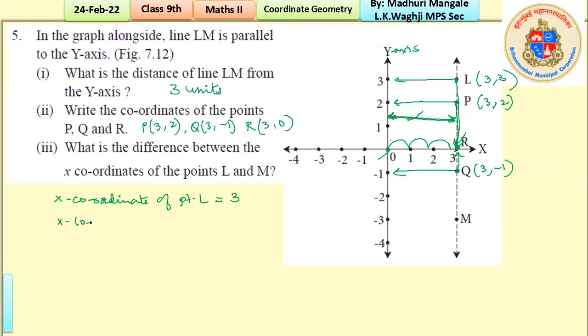Likewise, what is the x coordinate of the point M? Here it's 3 and y is negative 3. So for both of them, the x coordinate is 3. Difference means we have to subtract. So the difference between the x coordinates of L and M will be 3 minus 3, which equals 0.